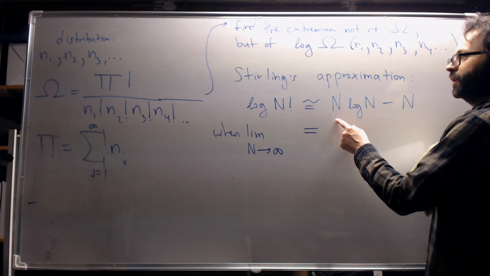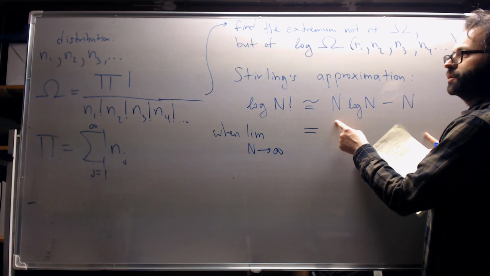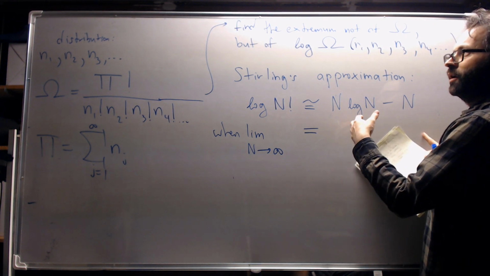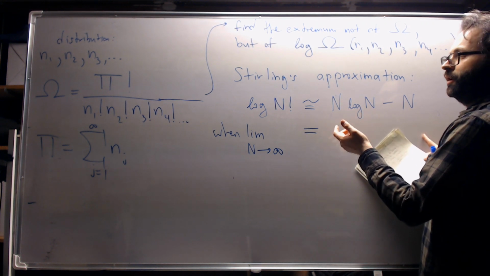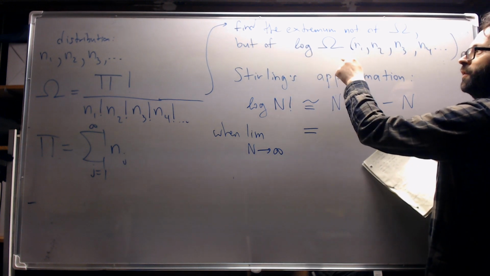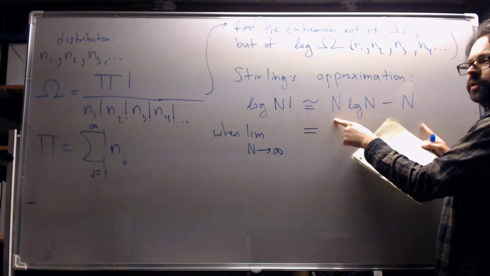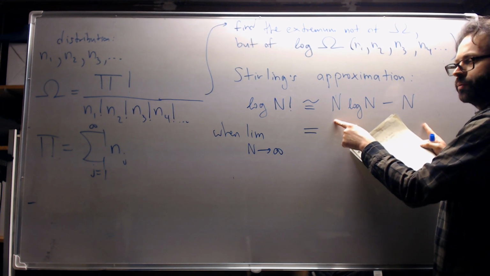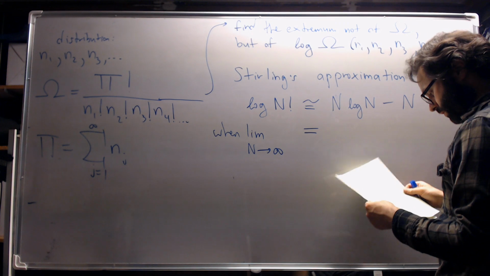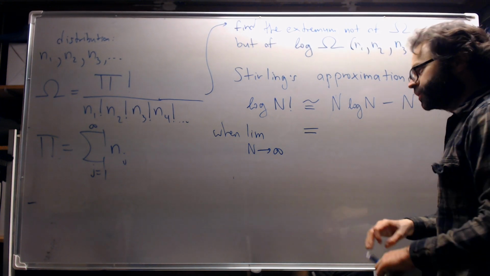And so it's particularly straightforward for us to use this, and to then be maximizing or finding the extremum of a logarithm, not of some crazy factorials, but of a function that is a bit more manageable. That's what you're going to prove on the homework. So here's what we're doing ultimately.